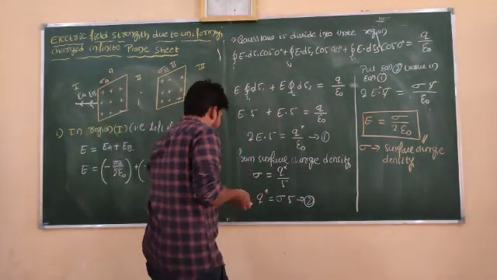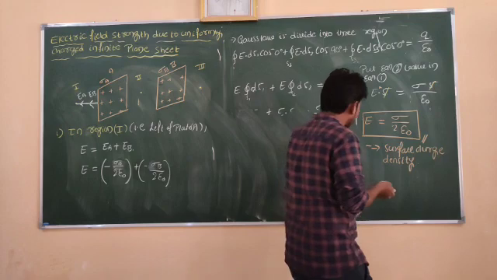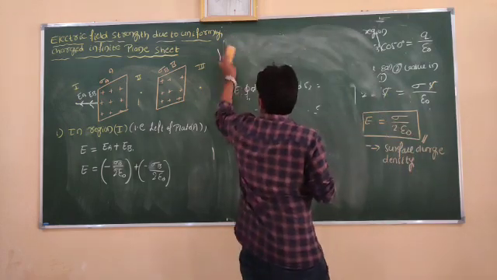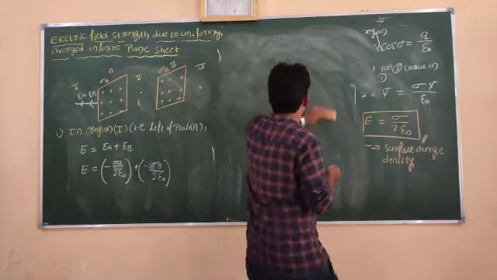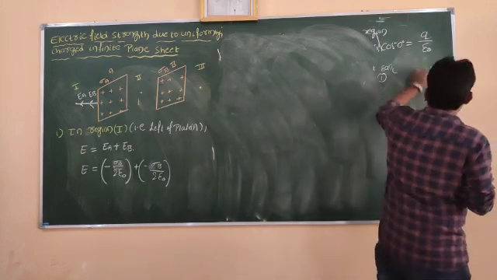Let me simplify this equation further. In these two terms, the common factor is 1 by 2 epsilon naught.